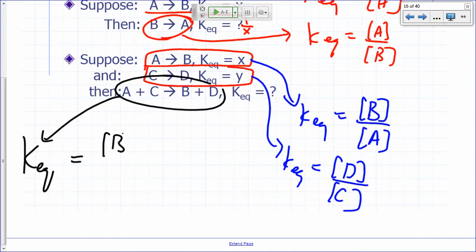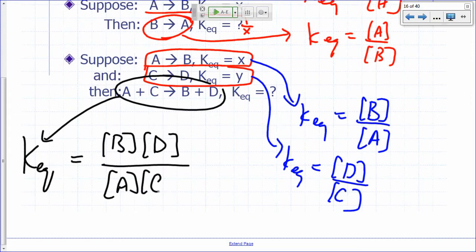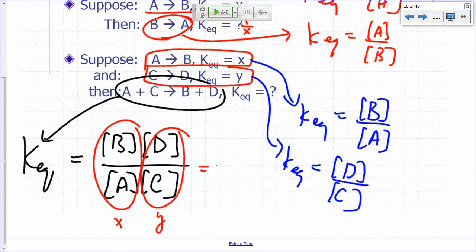Products, B times D over reactants, so concentration of A, concentration of C. What do you notice here? B over A is X, right? And D over C is Y. So KEQ here is equal to X times Y. So if you add up two reactions, you'll find that the KEQ for the resulting reaction is just the product of the original KEQs. Okay?